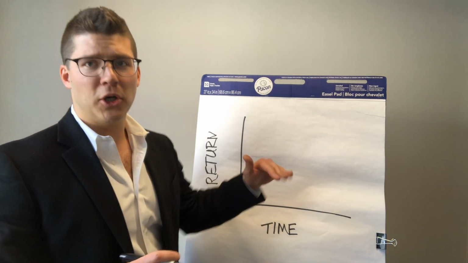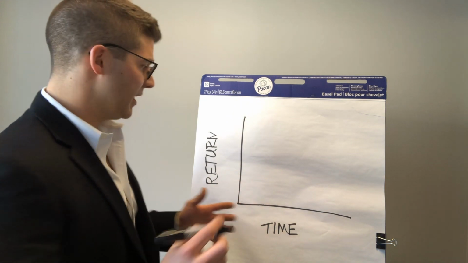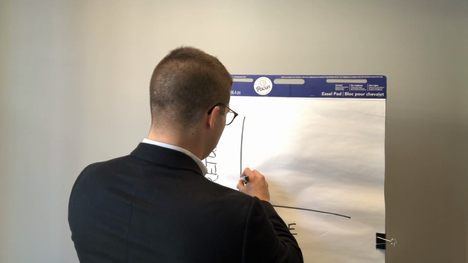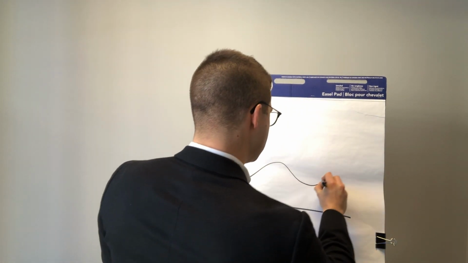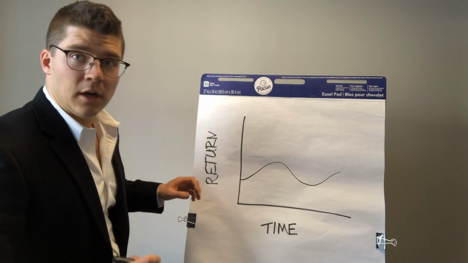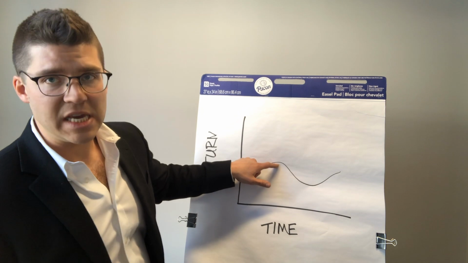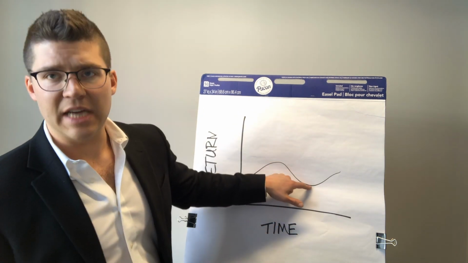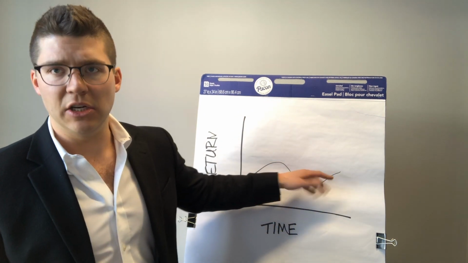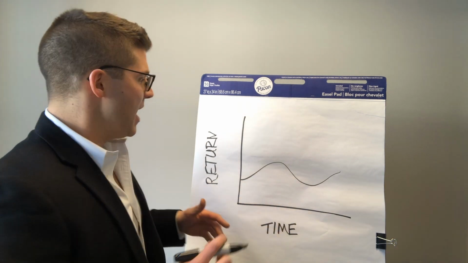So over the market cycles, it might look something like this. We're starting at an average return at the market peak. It's going up, it goes down during a recession, and then is leveling back out.